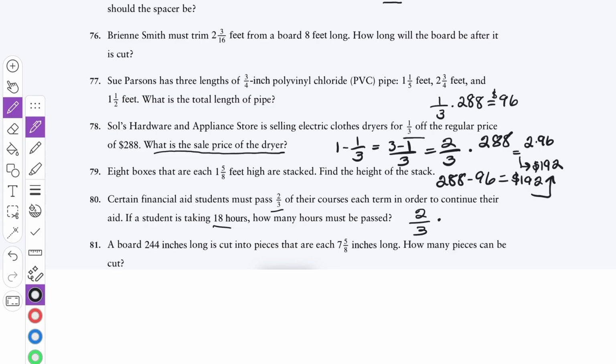Times 18 hours. But if I divide 3 into 18, I get 6. So 12 hours, okay?